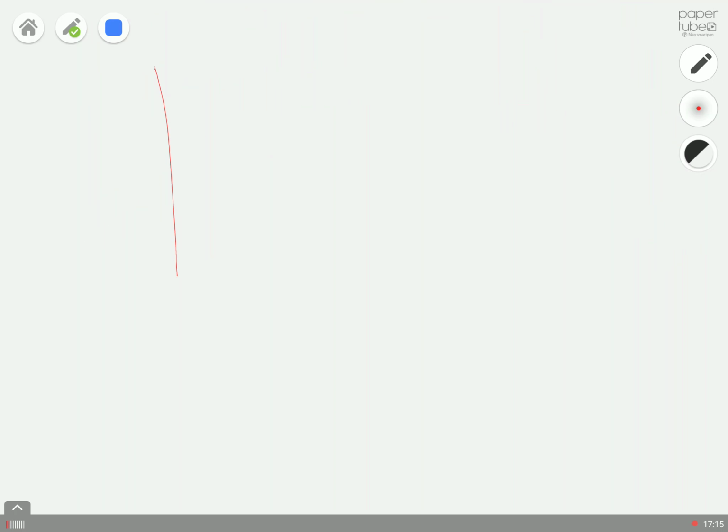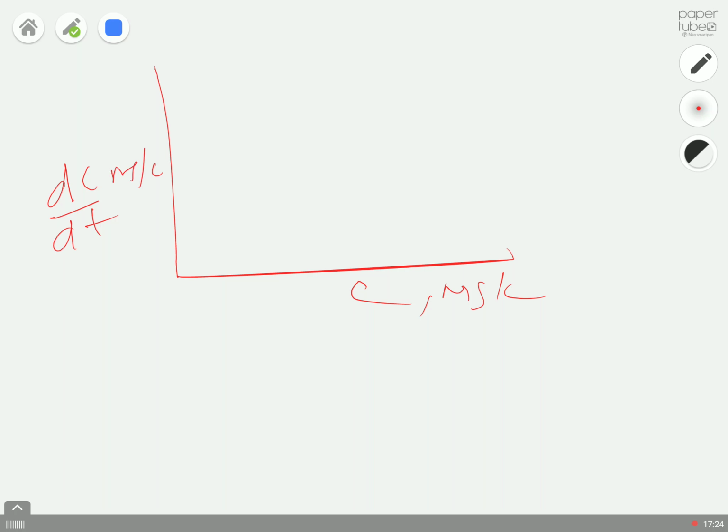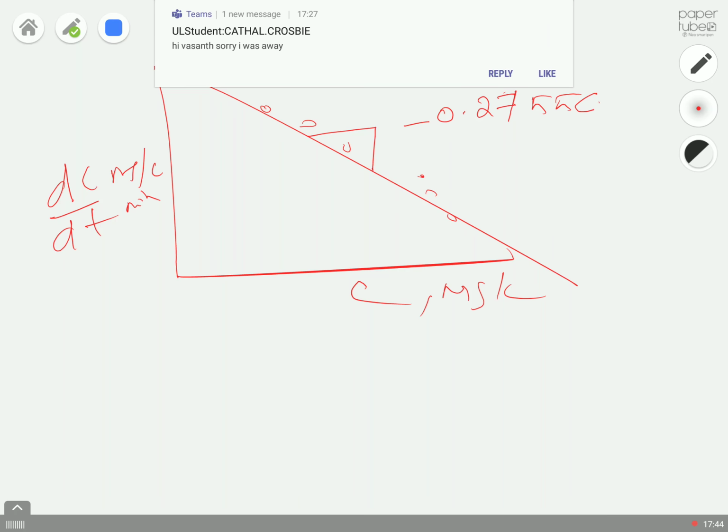So all you need is to plot dc by dt, in milligrams per liter per minute, against concentration in milligrams per liter on the x-axis. You will get some values like that. You take a best fit line, and that line will be approximately equal to minus 0.2755 c plus 1.1362.